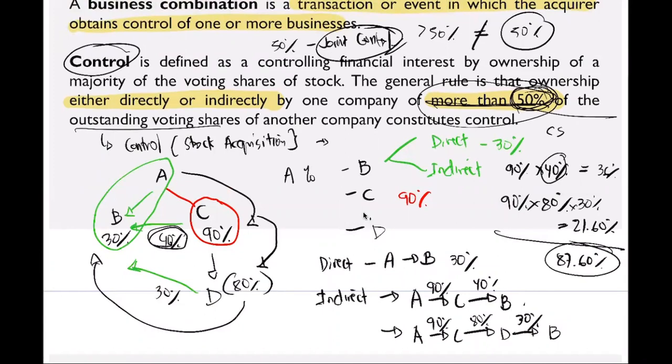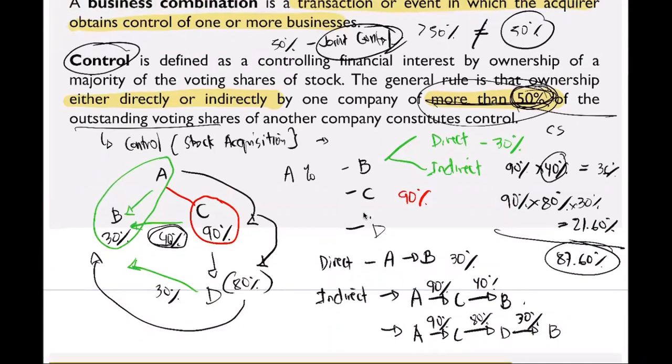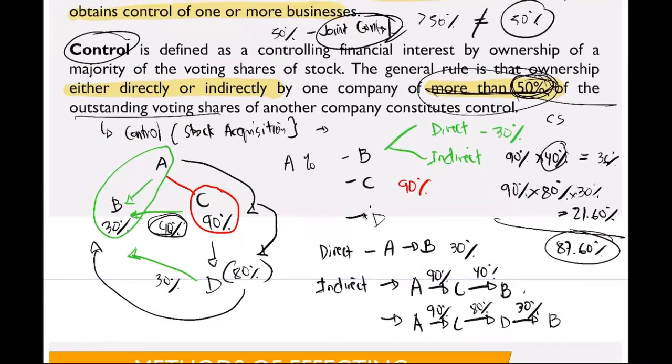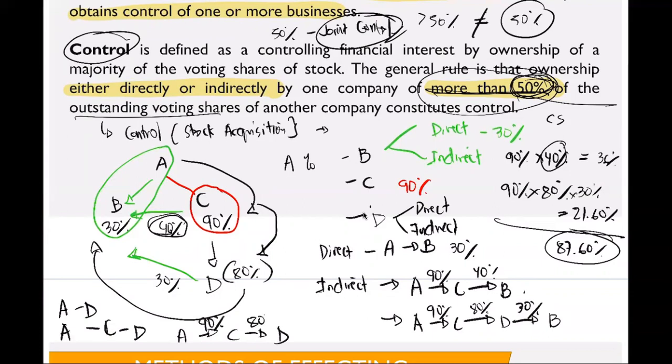How about on D? What is our ownership on D? Do we have any direct ownership on D? Is there A to D? None. There is no direct relationship between A and D. How about an indirect relationship? Yes. We have A to C to D. A owns C at 90%, C owns D at 80%.